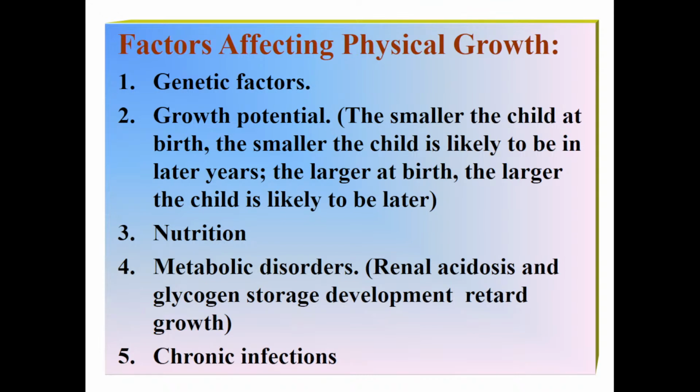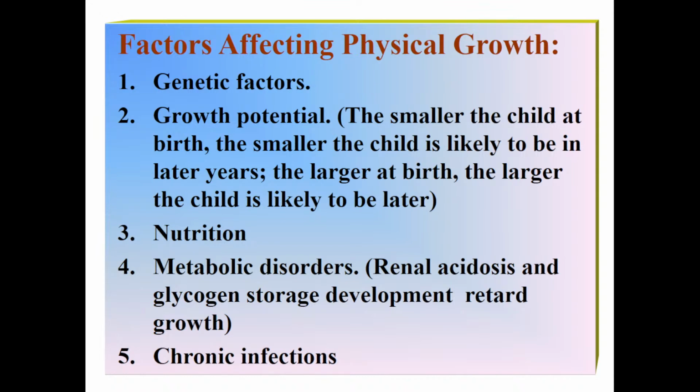Second factor affecting physical growth is growth potential. The smaller the child at birth, the smaller the child is likely to be in later years. The larger at birth, the larger the child is likely to be later.